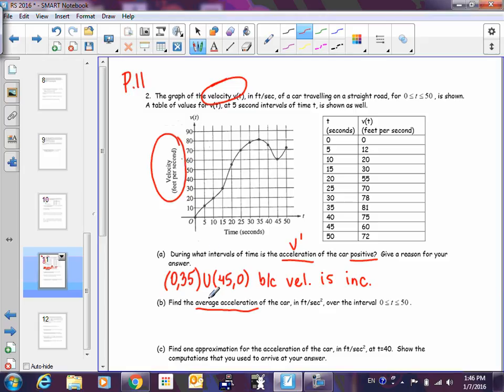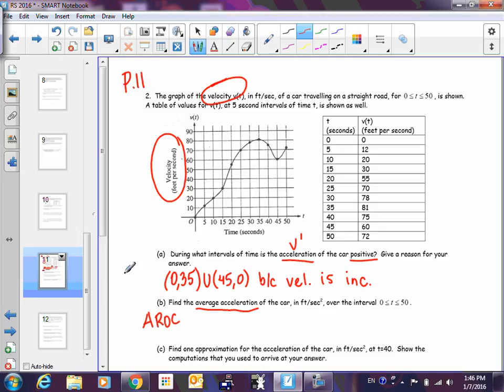If we're trying to find average rate of change, which we are, because acceleration is the rate of change of velocity, then that's just an AROC problem, an average rate of change problem, which we did all last semester. So how do you do average rate of change? Just give me a one-word answer.